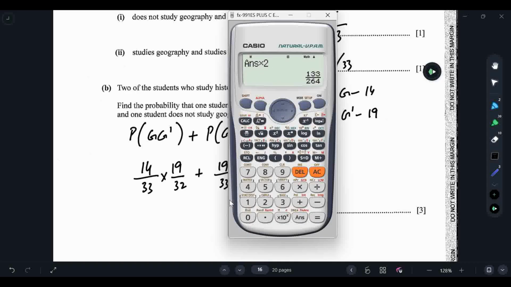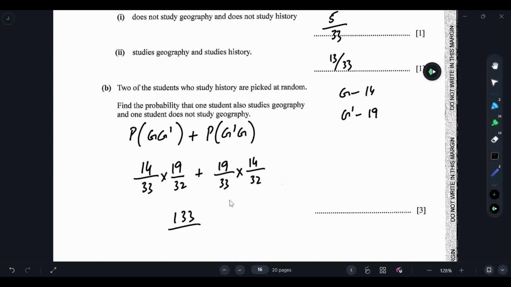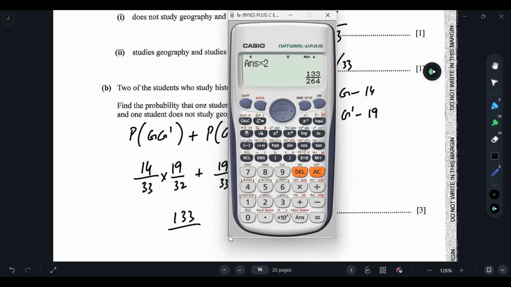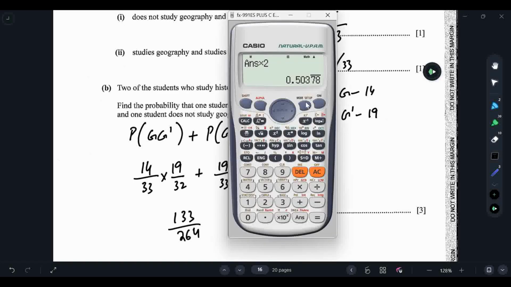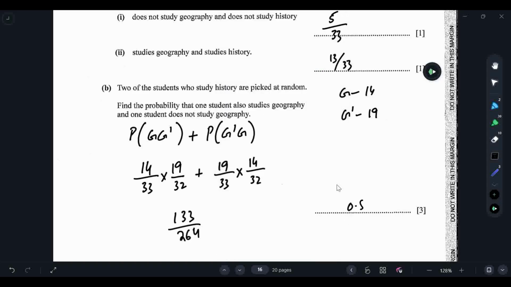So the answer will be 133 by 264, or we can say that 0.504. 0.504, this will be the final answer. Basically in 3 significant figures this will be the final answer, or we can say 133 by 264 will be the final answer. I hope that the concept is clear.